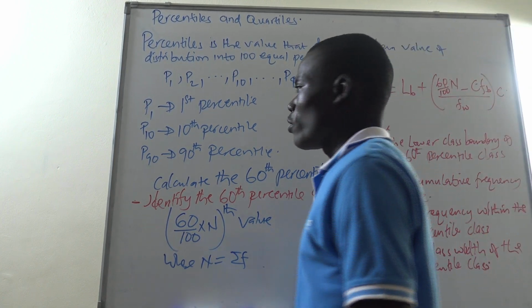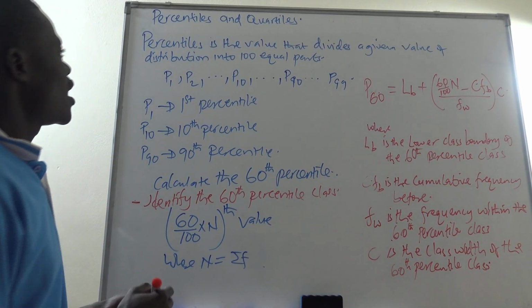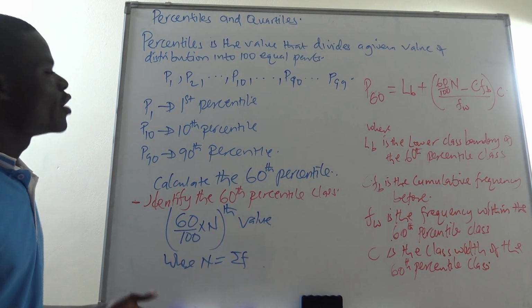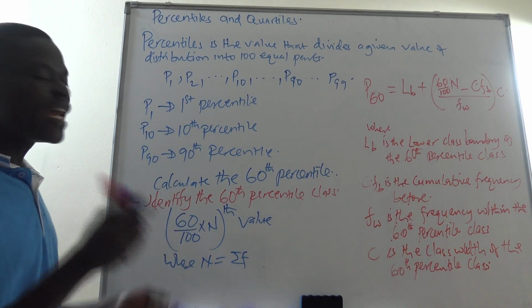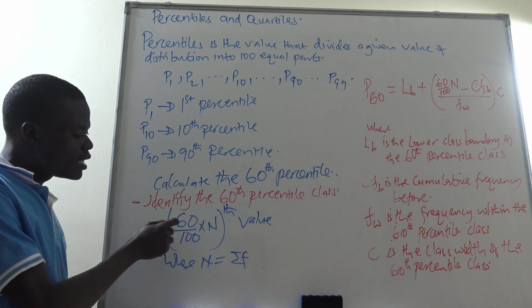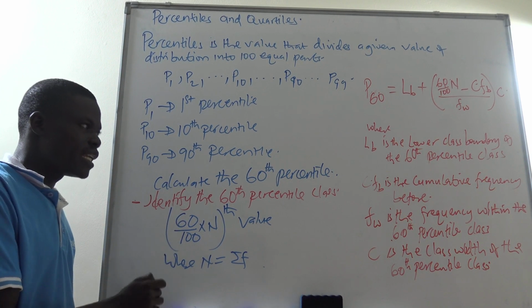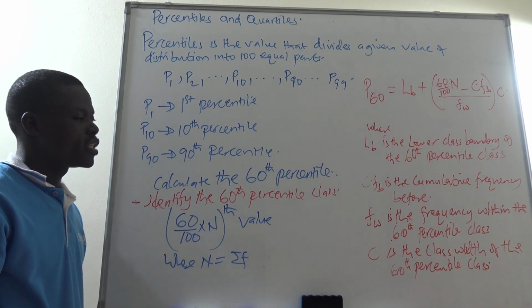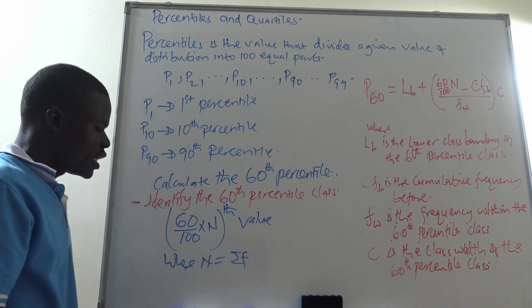So this is how you calculate the percentile. Once they tell you to calculate the 60th percentile, use this formula. If they tell you to calculate the 90th percentile, instead of 60 we shall use 90, but the formula and the working remain the same, and then you follow the procedures.